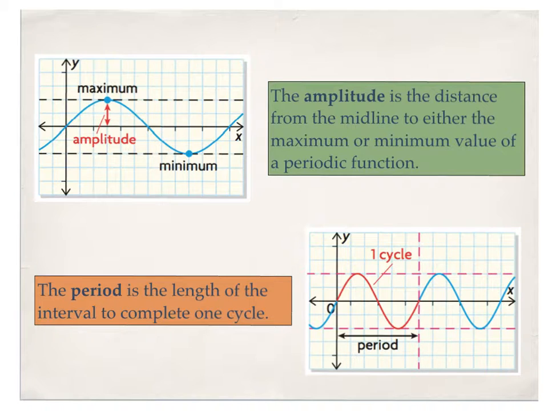Okay, so now some of the other words. The amplitude is the distance from the midline to either the maximum or minimum value of the periodic function. So that basically means it's the distance from that midline up to the top. Really, the way to think about it is it's half the distance from the minimum to the max.